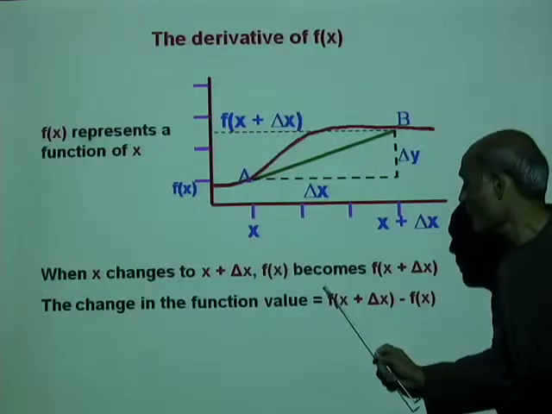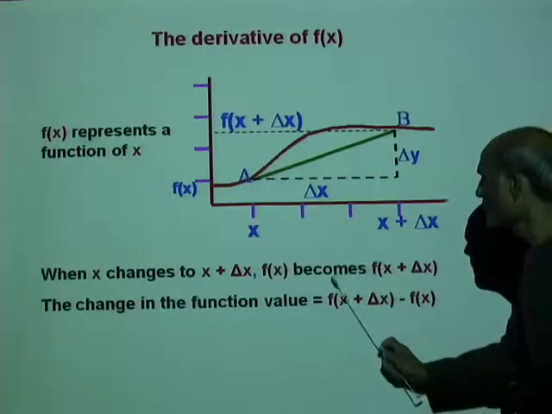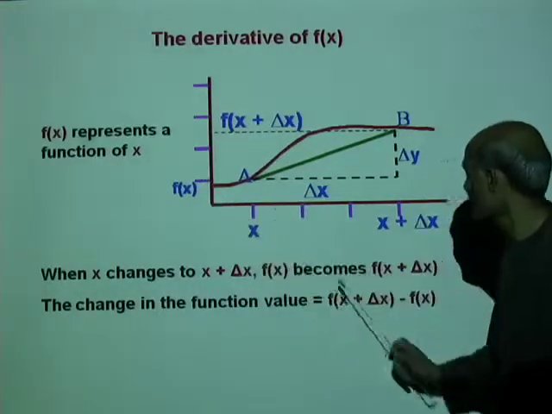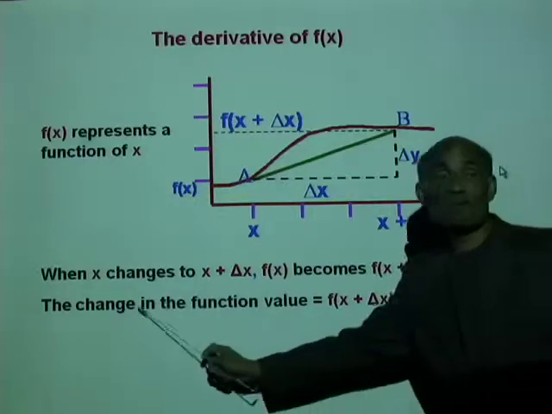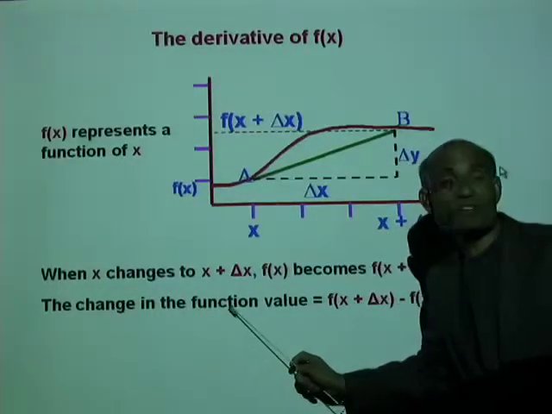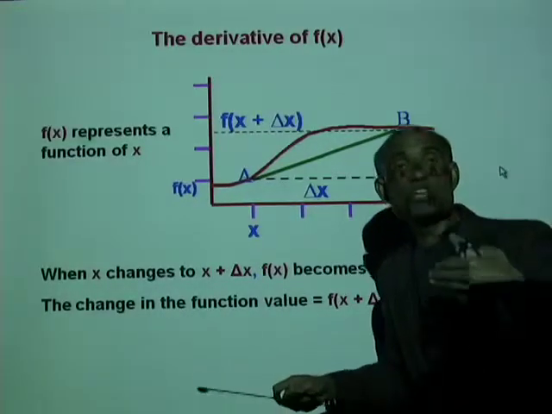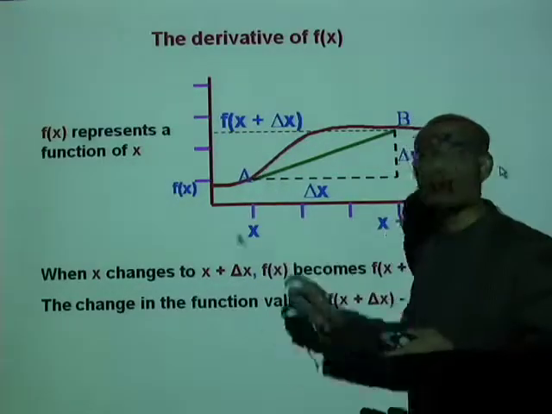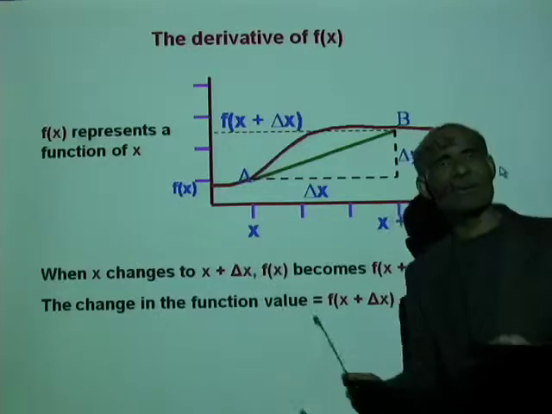Now tell me, what does this quantity represent? f of x plus delta x minus f of x. That represents the change in the function value, the change in the output, or we can say the increase in the output in this case. A change is a better word.